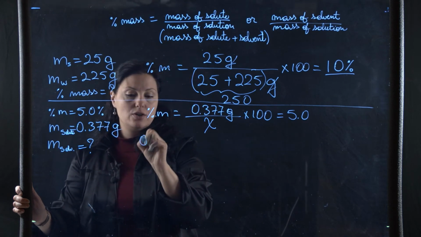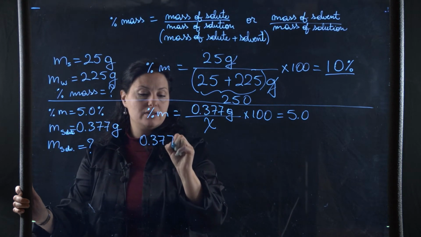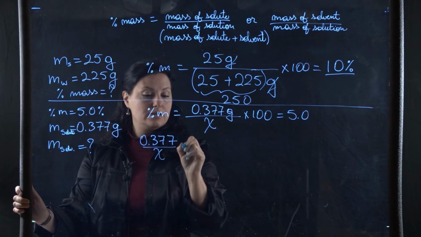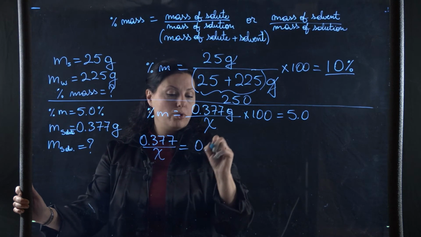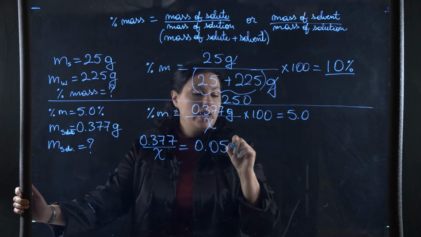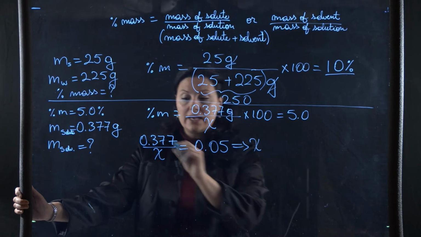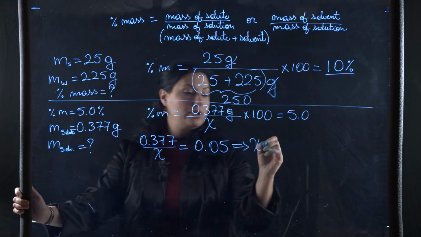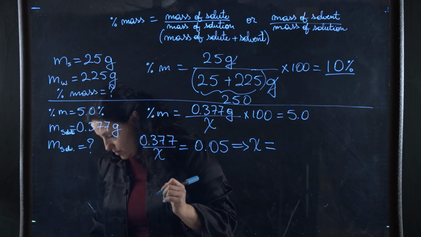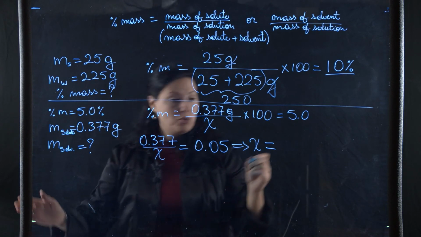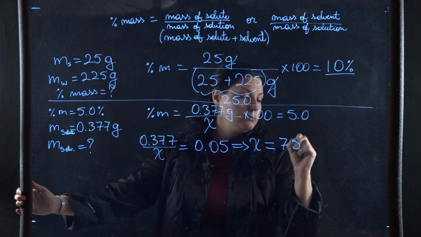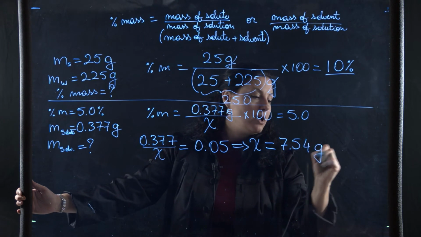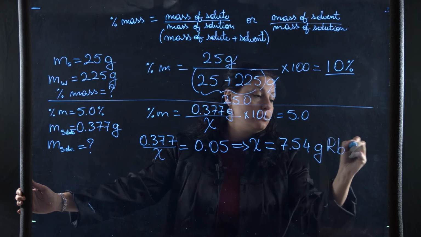So I get 0.377 divided by X is equal to 0.05. And then to get X, I divide 0.377 by 0.05 to get 7.54 grams of rubidium chloride solution.